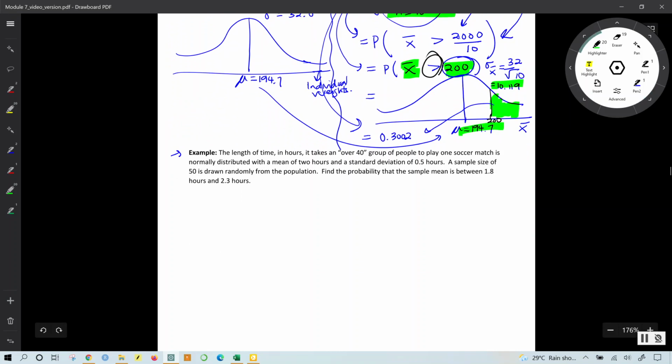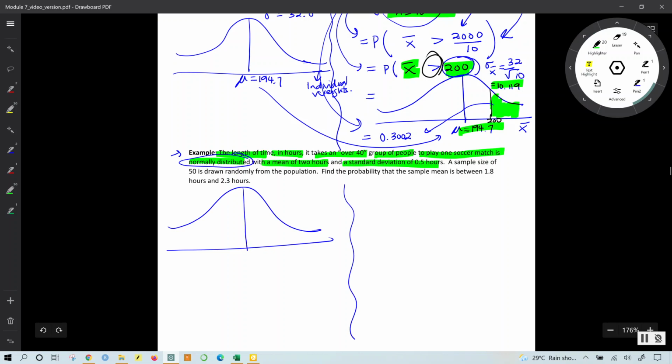This says that the length of time in hours, which is the variable of interest, it takes an over 40 group of people to play one soccer match, is normally distributed with a mean of 2 hours and a standard deviation of 0.5 hours. So the parent distribution starts off as a normally distributed population with a mean of 2 hours and a standard deviation of 0.5 hours.